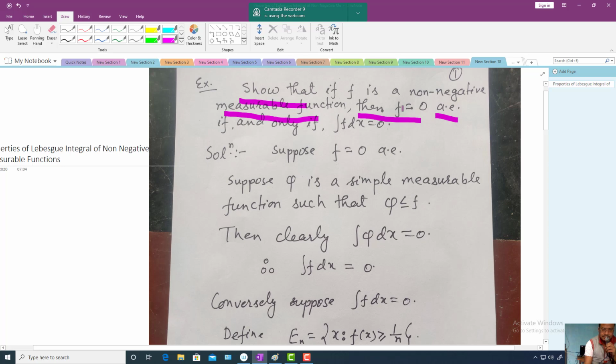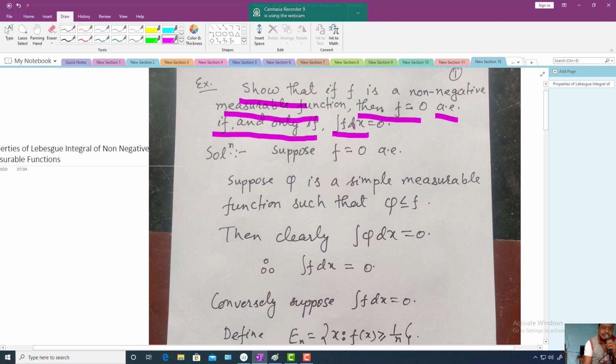The function is 0 everywhere, and wherever the function is not equal to 0, the collection of those points has measure equal to 0. So that is the concept of f equal to 0 almost everywhere. Then the example says that f is equal to 0 almost everywhere if and only if the integral of f dx is equal to 0.